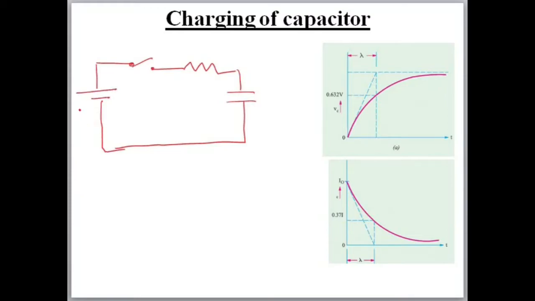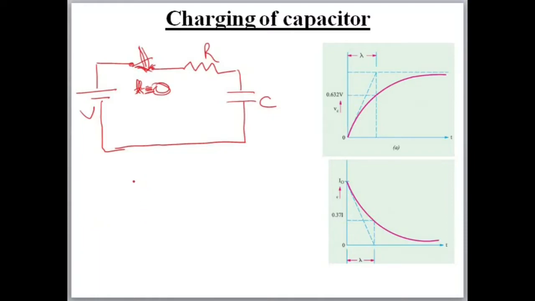This is your supply voltage V, this is a switch that we can switch on and off, this is your R, this is your C. Suppose this switch is turned on at t equal to 0. Then what will happen?